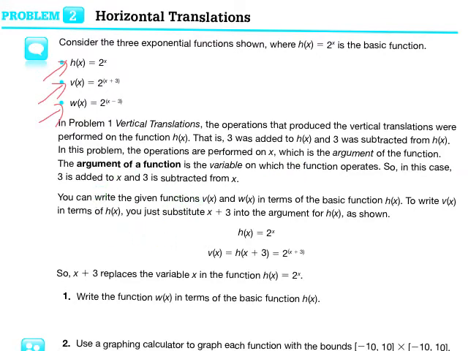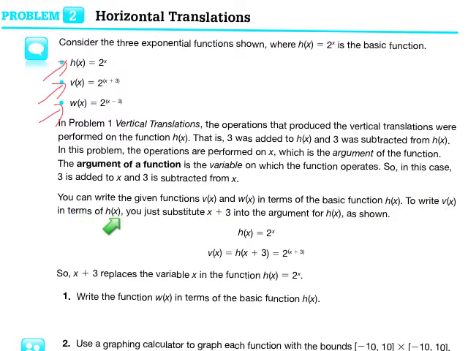Let's look at the next part. You can write the given functions v of x and w of x in terms of the basic function. The basic one is going to be called h, and the ones that are going to be translated are v and w.